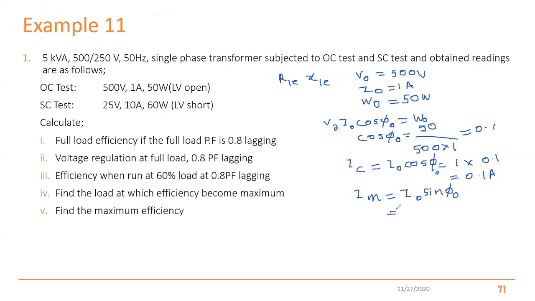If you find the angle, cos inverse 0.1, and find the value, this becomes 0.995 amperes.